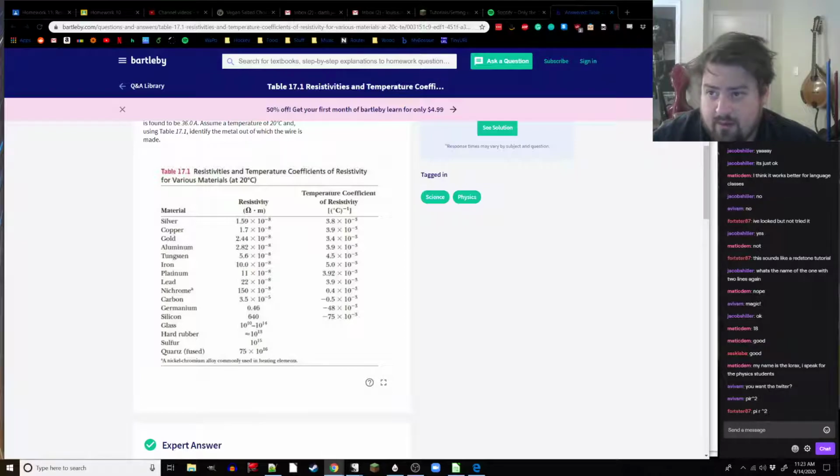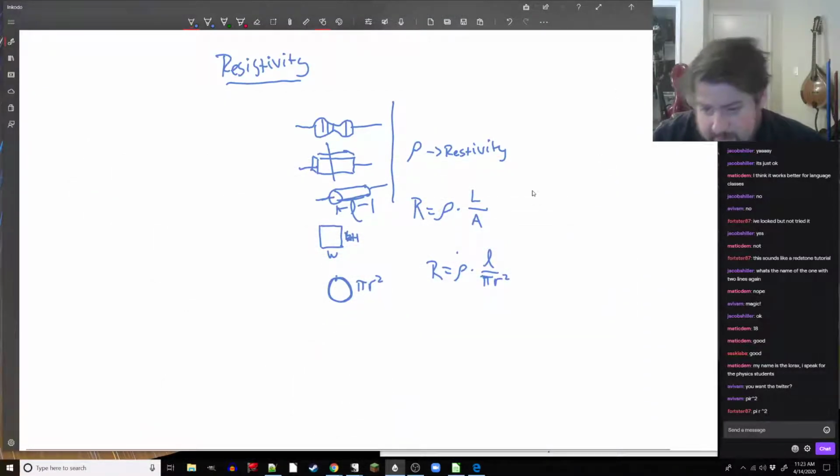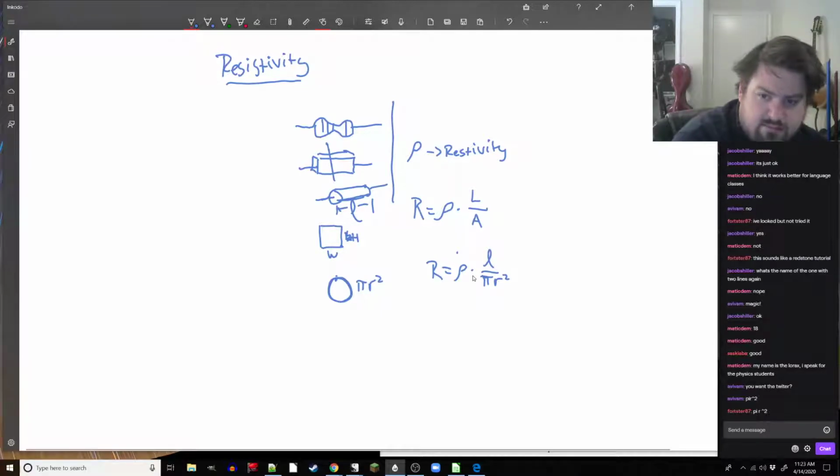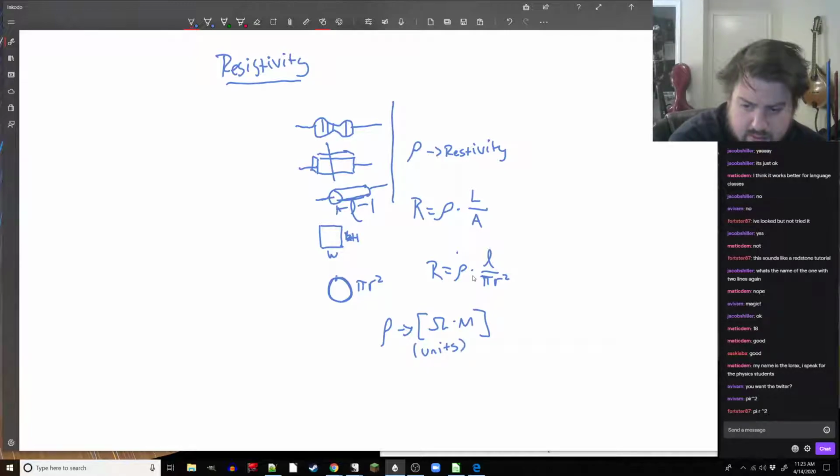This week, don't need to worry about it. So you can see those resistivities. I'll write down here on this sheet of notes, the units of resistivity are ohms times meters. Just so we remember.